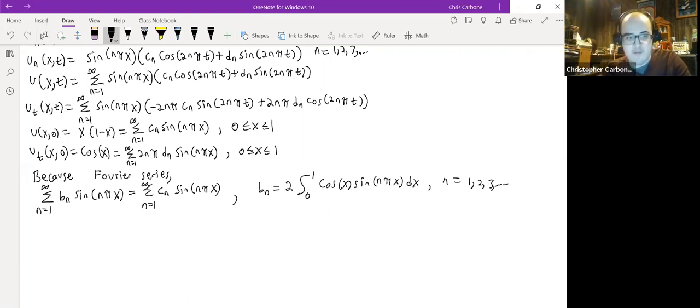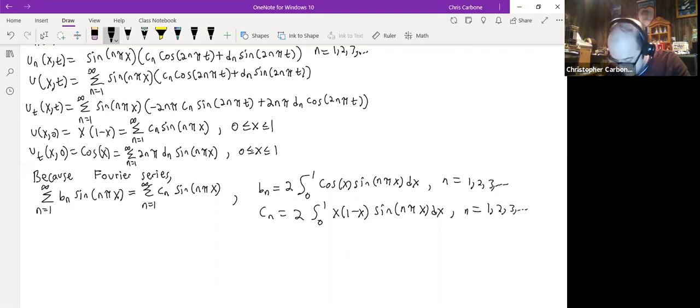Based upon that, we also have c sub n. And that's going to be equal to 2 times the integral between 0 and 1 of x times 1 minus x times sine of n pi x dx. And again, n is the numbers 1, 2, 3, and so on.